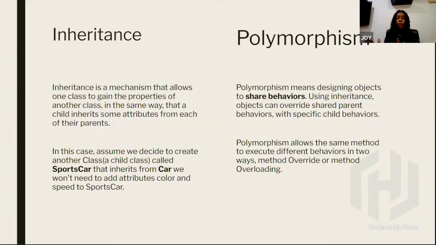Automatically, my SportsCar has taken a new shape. Even though it is getting its properties from a parent class, it has its own characteristics. Normally, other cars that come out of that parent, if it's 0, do not start, and if it's 1 to 10, they start. But this one, if it's 0, does another check: do we have an extra fuel tank? If it has an extra fuel tank, it starts.